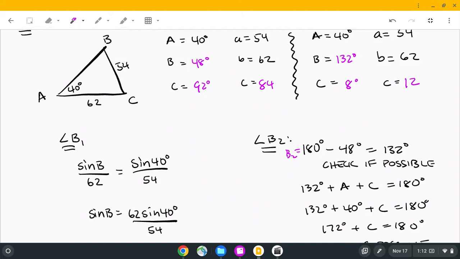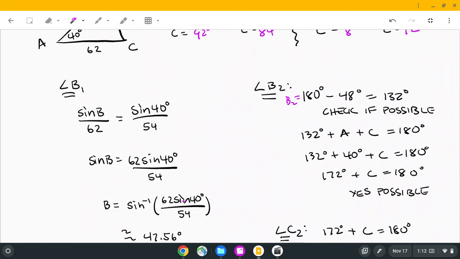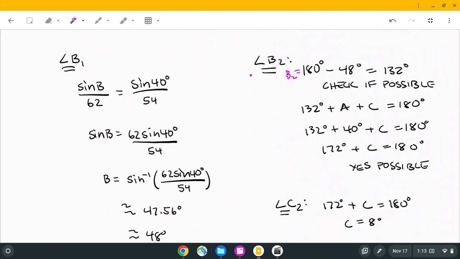Okay, so just make sure you keep track of the two triangles. Remember, once you find your first angle, you go ahead and subtract it from 180, and that's going to be your second B. So you find your first angle, and then to see if the second one is possible, you just check to see if you bust 180. If you don't bust 180, then it's possible.